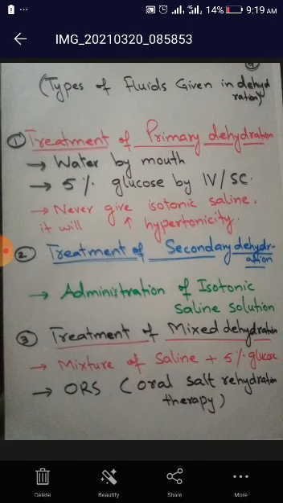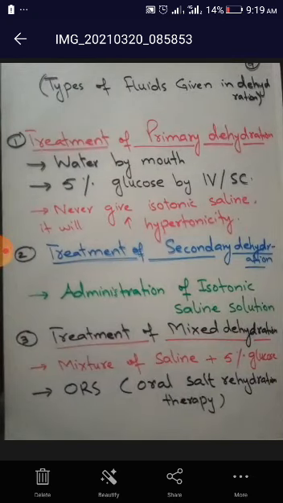ORS stands for oral rehydration salt therapy. And it contains what? It contains saline as well as glucose. You can prepare this solution at home as well.